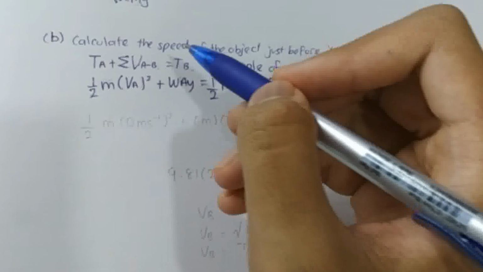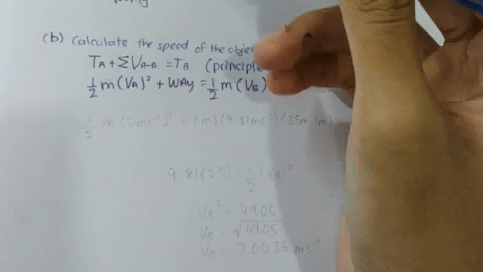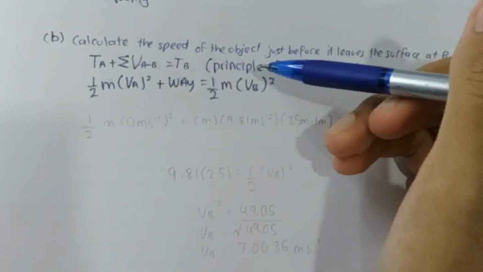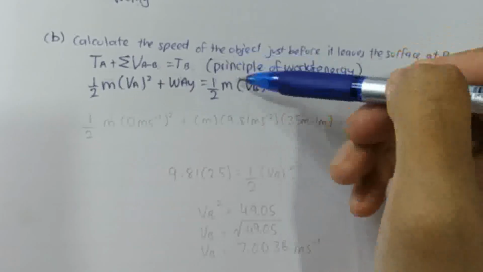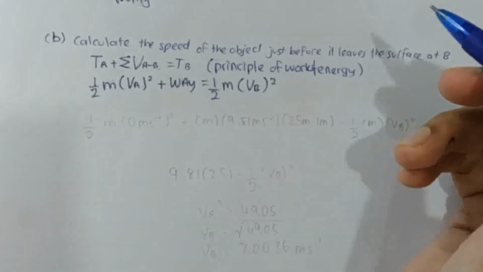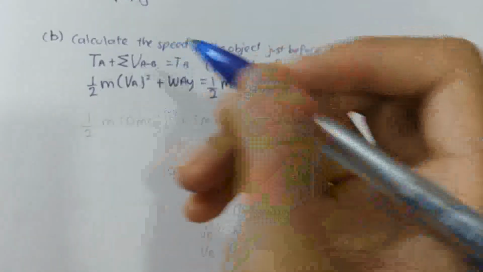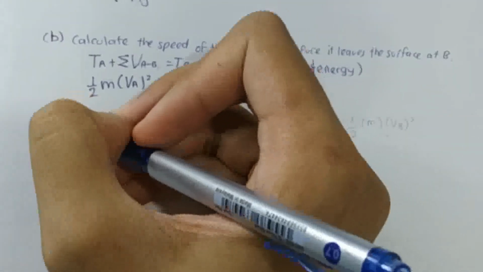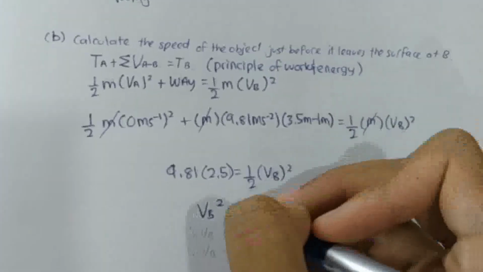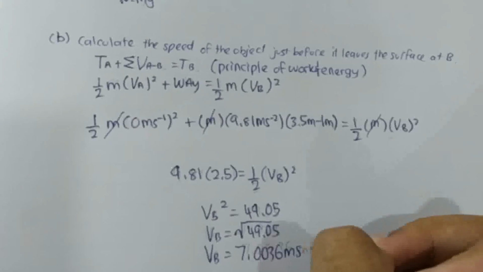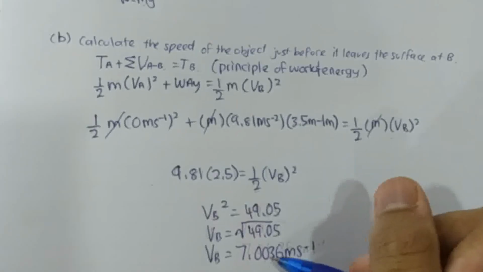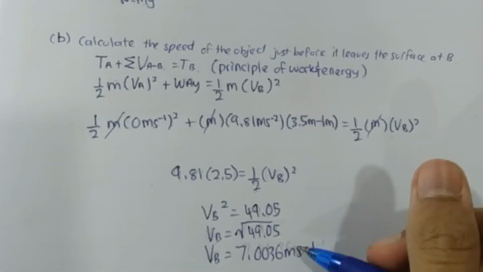Δy is the difference of the height of the object between A and B. Then VB is the velocity of the object at point B. So we substitute the values in the equation, and the value that we obtain is 7.0036 meter per second.